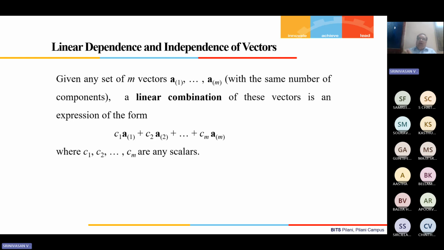Remember, each one of the vectors has its own components, maybe a pair or a 3-tuple or a 4-tuple, n-tuple. So there are m vectors, and these vectors can form a linear combination, where each vector is multiplied by scalars C1, C2, etc., Cm, which are scalars.